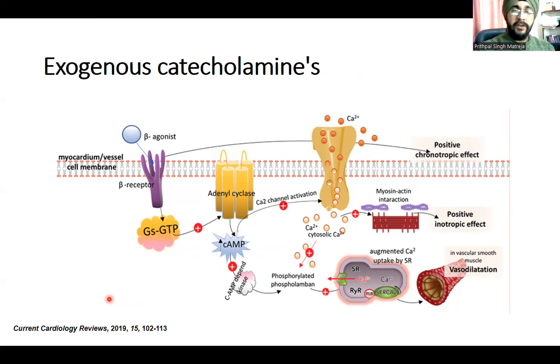So these two drugs act as beta agonists, binding to the beta receptors, activating the adenyl cyclase, causing a further release of calcium, and this then causes an increase in cyclic AMP levels. It also tends to increase the cytoplasmic calcium levels, leading to relaxation of vascular smooth muscles, causing vasodilatation. Along with this, a drug acting on beta receptors would have a positive inotropic as well as a positive chronotropic effect.